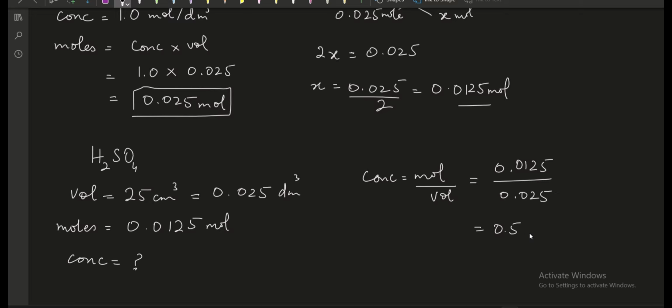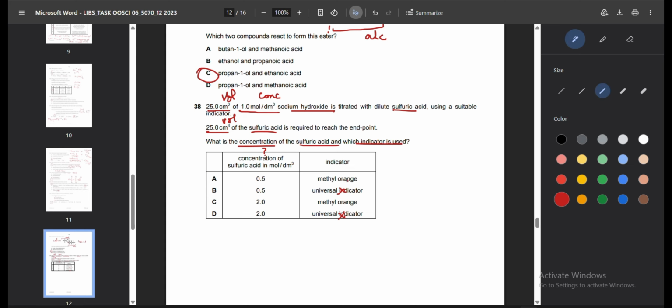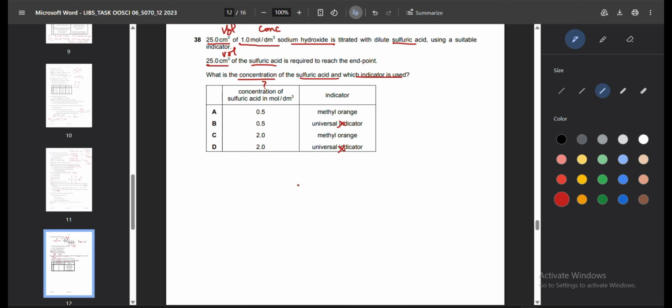Concentration would be 0.5 moles per decimeter cube. So the answer is 0.5. Now let's check which option it is. This option is 0.5, so that makes this wrong. So our correct option is option A.